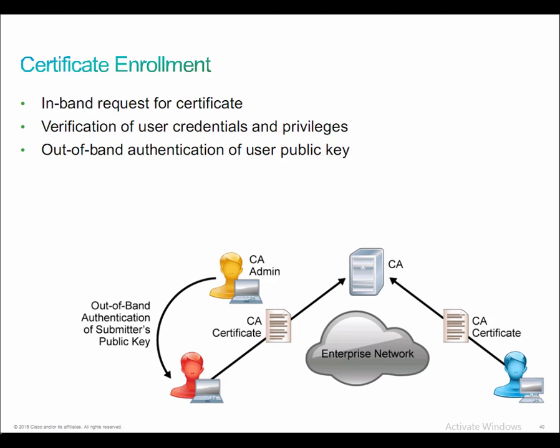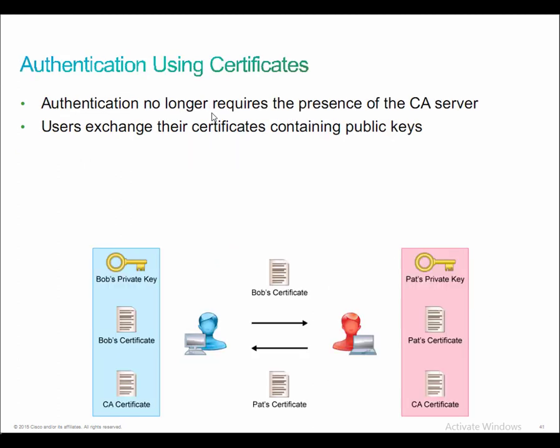So having installed the certificates, having gone through the process, they're signed by the same CA. It doesn't necessarily have to be signed by the same CA, by the way, but it does have to be signed by a trusted CA. They're now ready to authenticate each other. So Bob and Pat exchange the certificates. The CA is no longer involved in this process. Bob sends his public certificate to Pat, and Pat sends his public certificate to Bob.